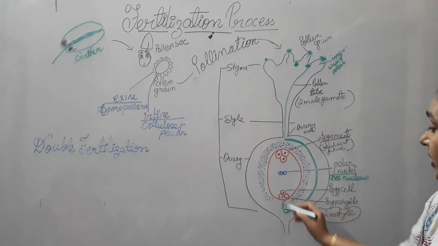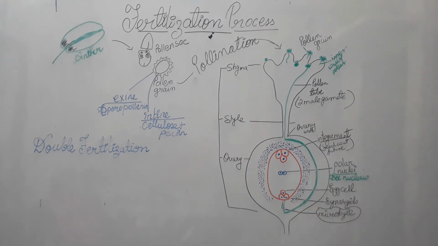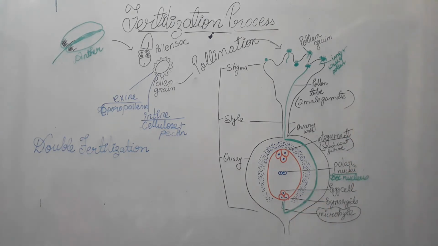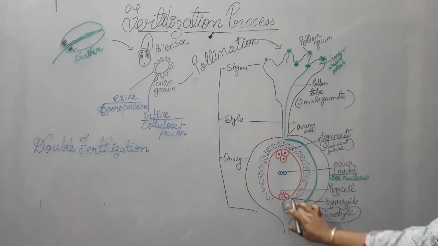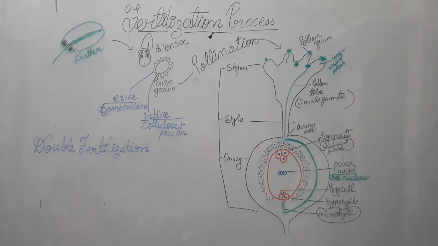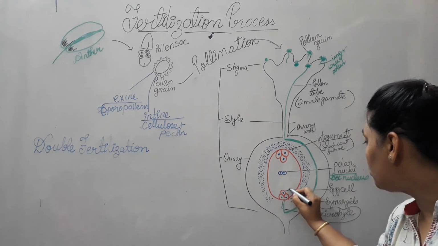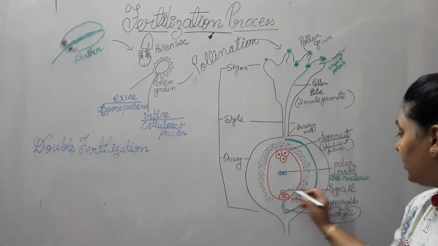After reaching the micropyle, it is going to push into the ovule and release two different male gametes. As this pollen tube has two male gametes, it will release two. One of them is going to fuse with the egg cell.